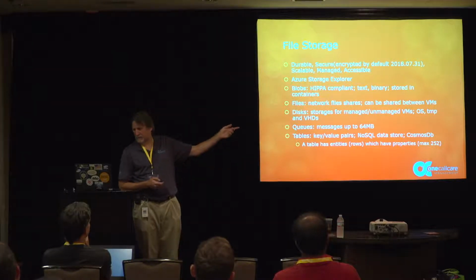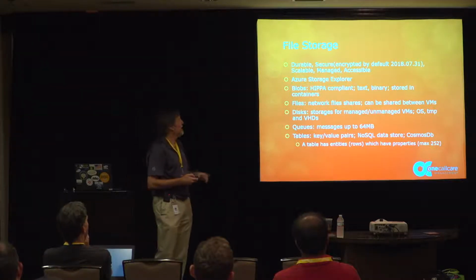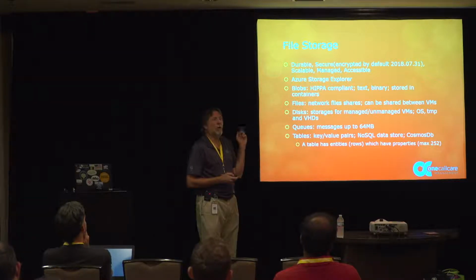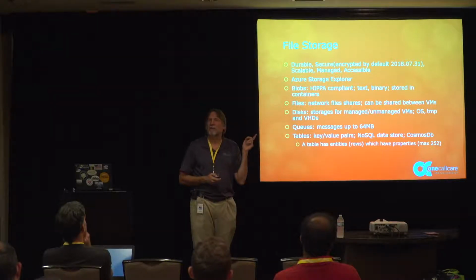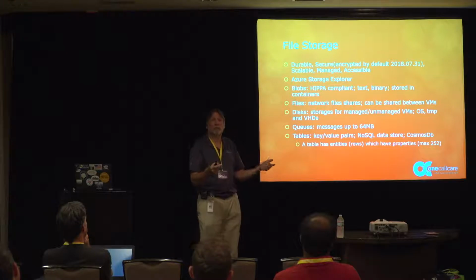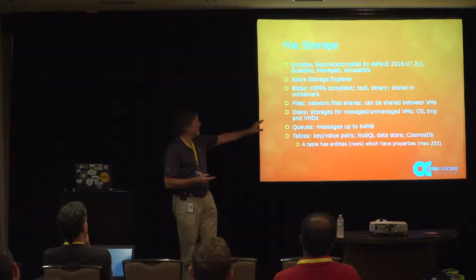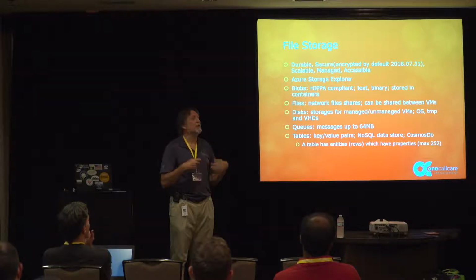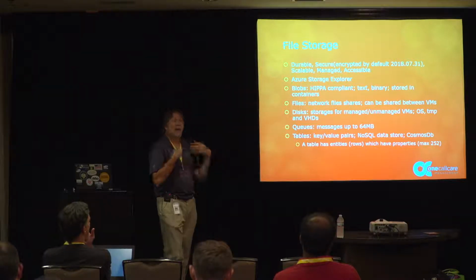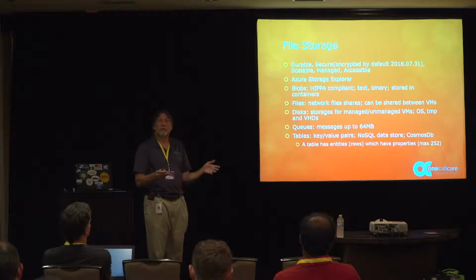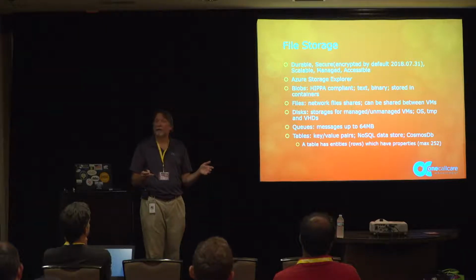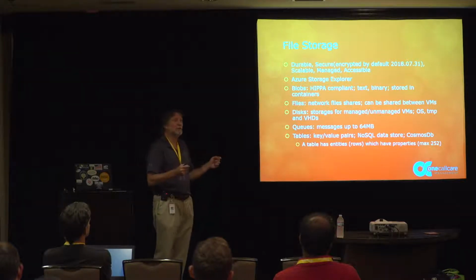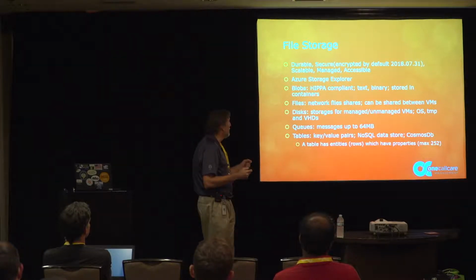Literally, I guess now it's a little over a week ago, but as of July 31st, all of them are stored encrypted at rest. 2-3 months ago, only Blob Storage, and I forget which other one, was encrypted at rest. So now they all are. So that's good. And you get the normal things that you would expect with Azure too. So you have multiple copies of your data out there for you.